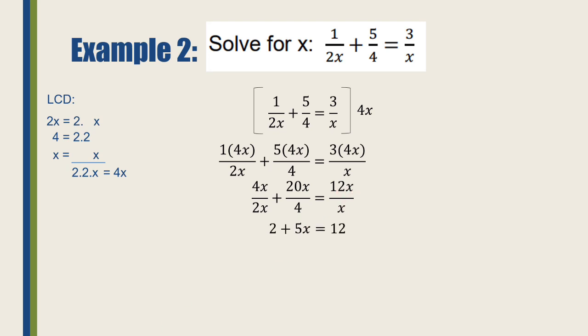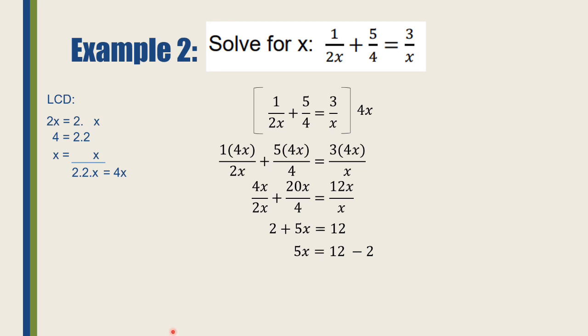Then simplify. Okay, 4x divided by 2x, we have 2. 20x divided by 4, we have here 5x. Then 12x divided by x is equal to 12.